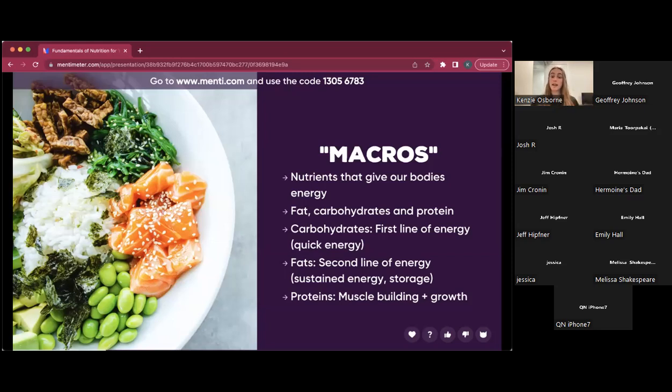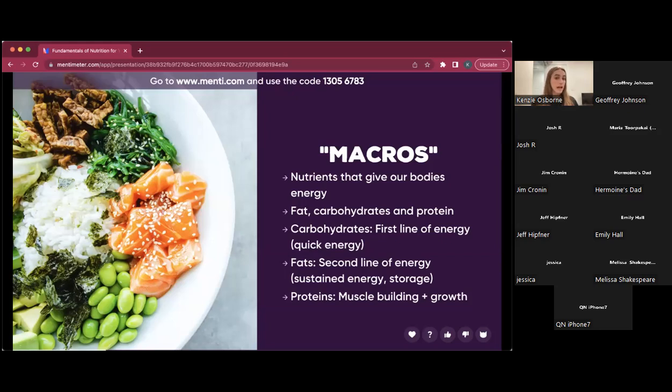Proteins are a type of macronutrient that is primarily used for muscular repair and muscular growth. We don't really ever want to get to the point where we're using protein for energy. It can technically be used for energy, so it can be broken down into glucose, a sugar, which then can be used as energy, but we don't want that to happen.